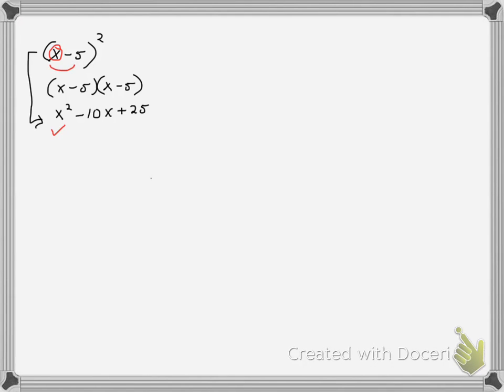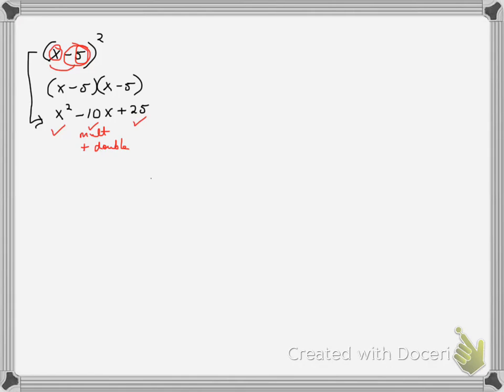Multiply together, which is negative 5x, and double, to get the middle term, and I would get negative 10x. And square the second term, with the negative sign. A negative times negative is positive, so I would get positive 25.